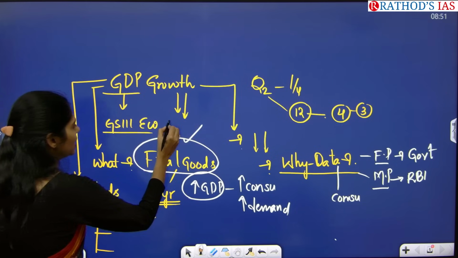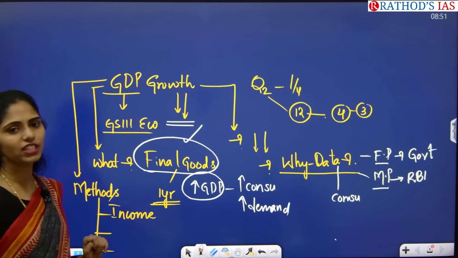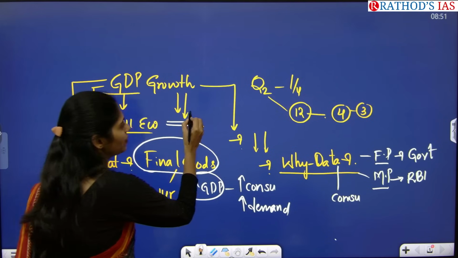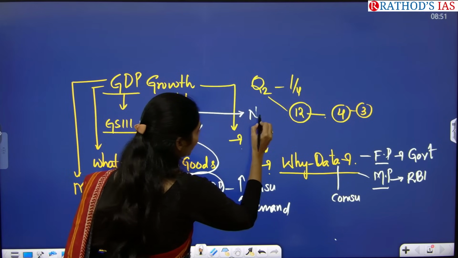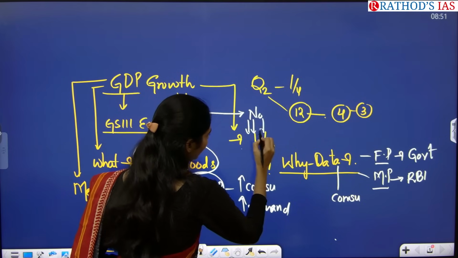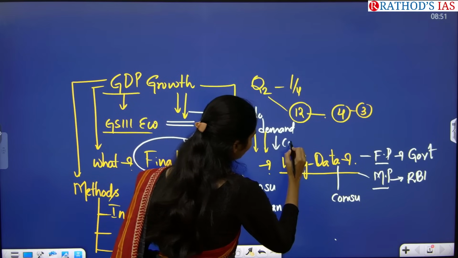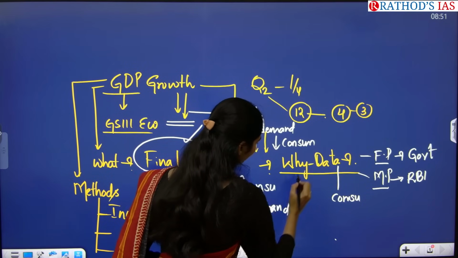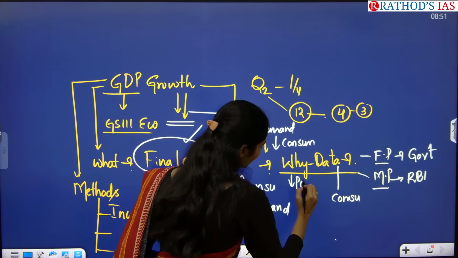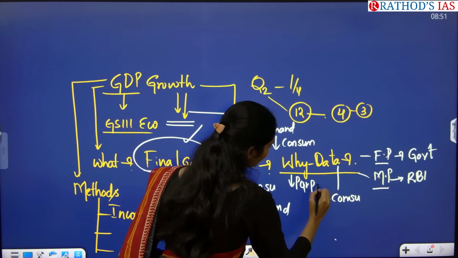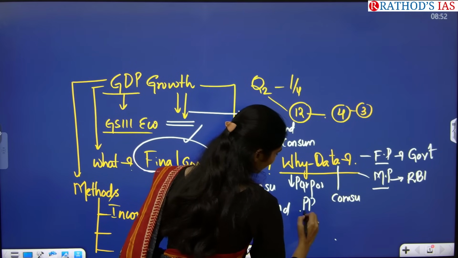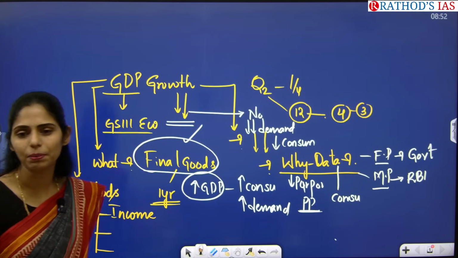So this article is saying that GDP growth is decreasing. That means, do we have the demand in the market? No. So there is decreased demand in the market, and there is decreasing consumption in the market. Why is there decreasing consumption? The purchasing power of people is decreasing.